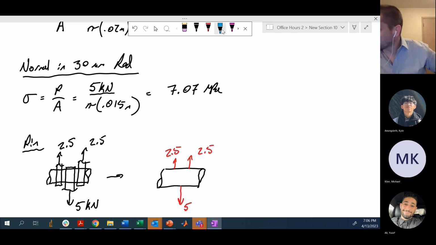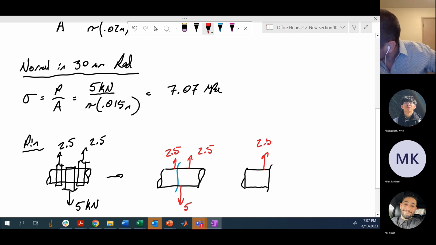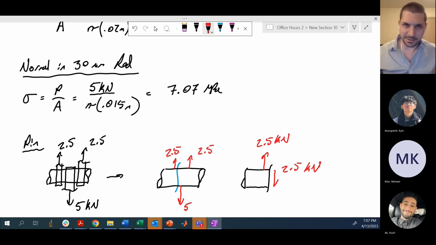So if we make a cut in that pin in that general location, we're going to see with that free body diagram this 2.5 kilonewtons here, and the internal shear force that has to balance that is going to be 2.5 kilonewtons. So the shear stress that acts here is that 2.5 kilonewton shear load acting on that face, divided by the cross-sectional area of that pin in that location.